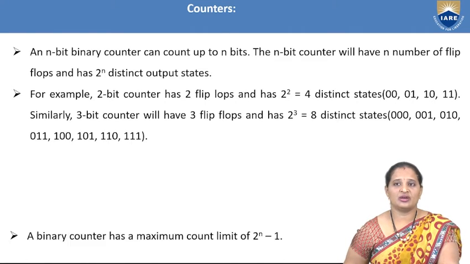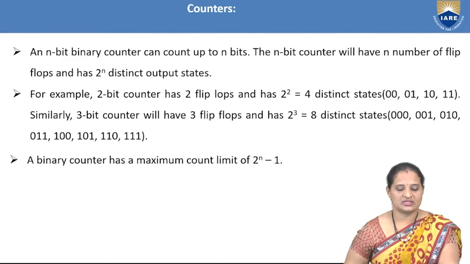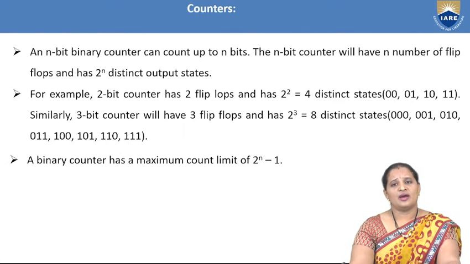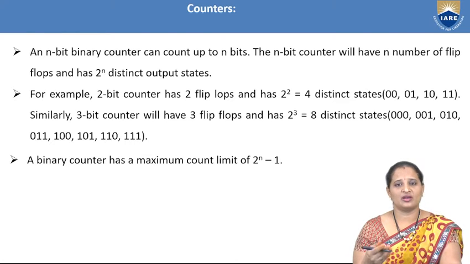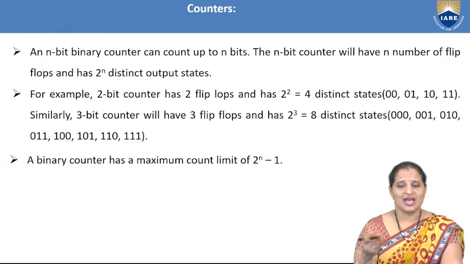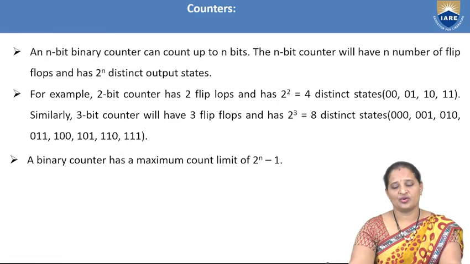This 3-bit counter can count 8 clock pulses. A binary counter, in which the clock pulses are counted in binary sequence, has a maximum count limit of 2 power n minus 1.